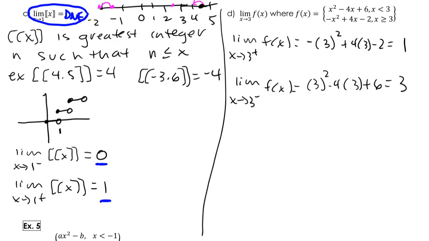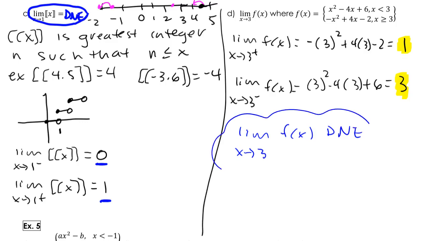What are you guys noticing? Do you see that the right does not equal the left? So what's the overall answer to the limit? We could say the limit as x approaches 3 of f of x does not exist. What's the reason? It's because the left and the right limits don't meet up. Okay, so again, some tricky limits on A through D, knowing when to test left and right even if they don't ask for it.